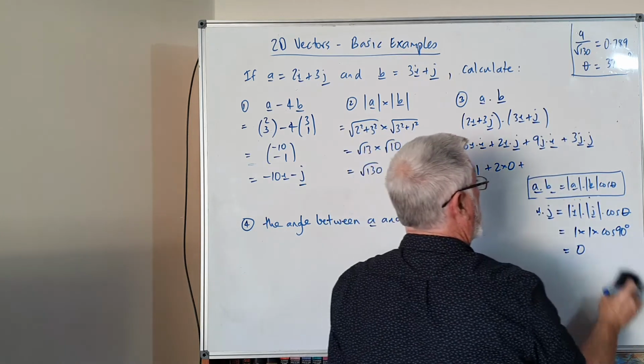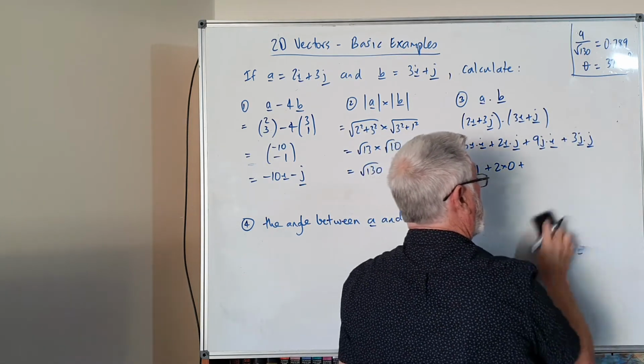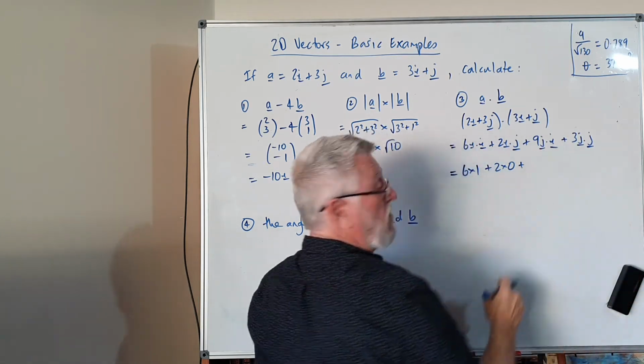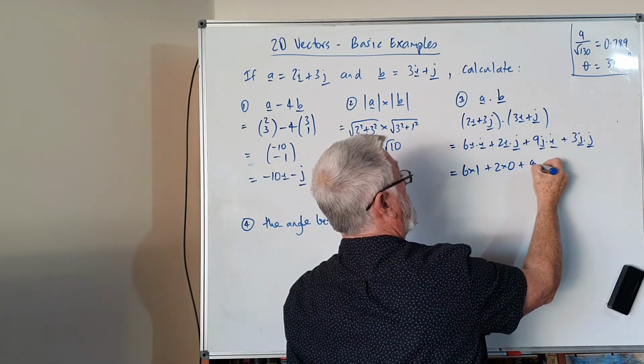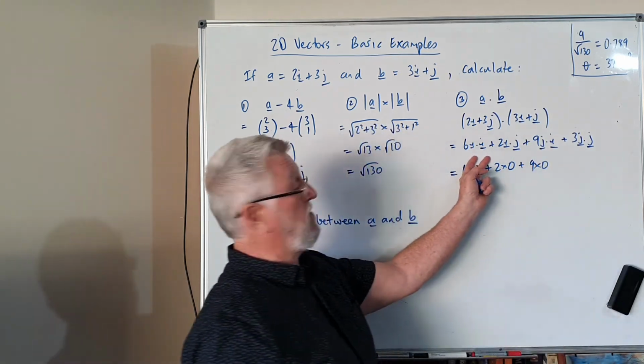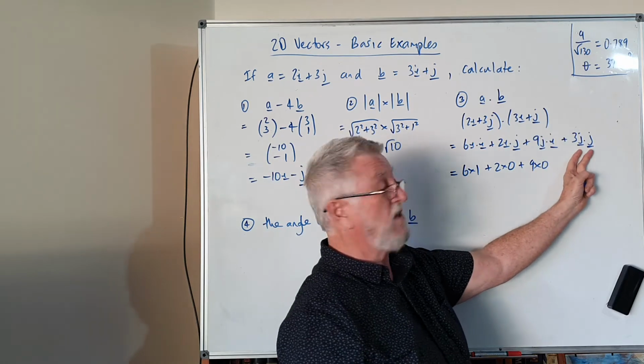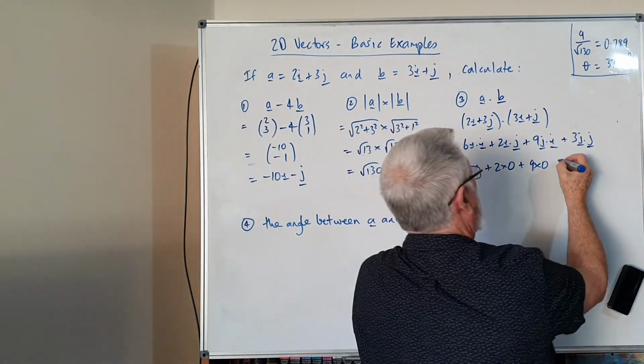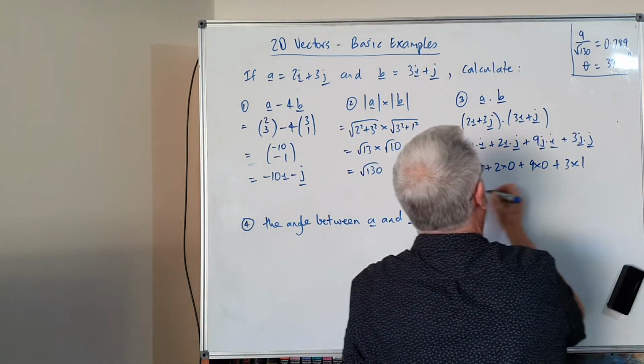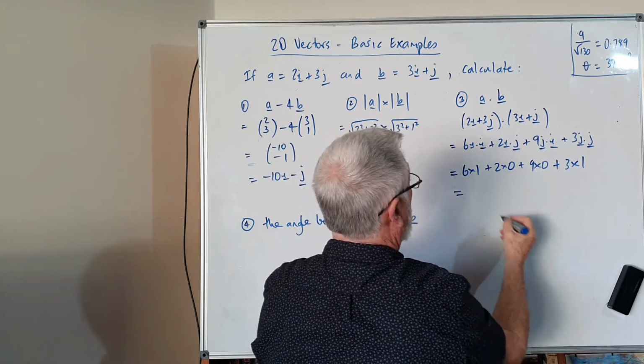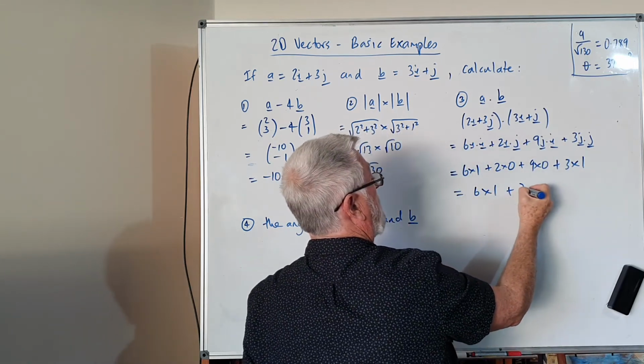Similarly, I'm going to go through these briefly. The j and the i will also become 0. So we've got 9 times 0. And just like we did with the i times i, j times j becomes 1. So this is 3 times 1. Let's have a look at what's going on in the question. We've ended up with 6 times 1 plus 3 times 1.